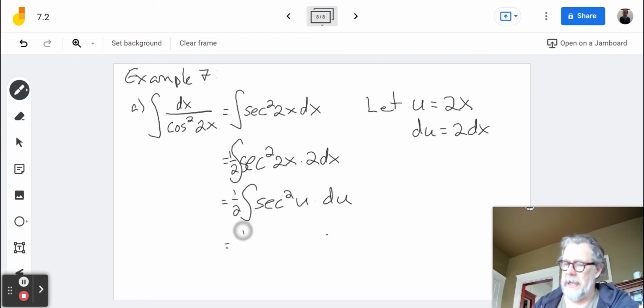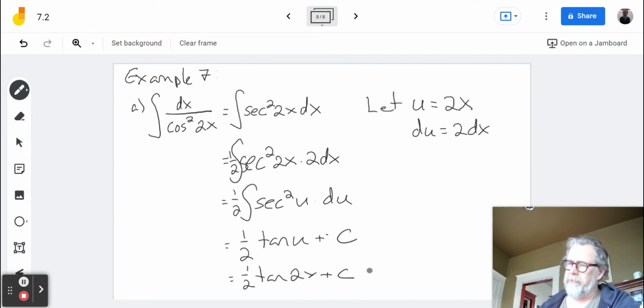Of course, as we said, the antiderivative of secant squared is tangent. So we have tangent of u plus a constant. But u is 2x, so we now write this as 1/2 tangent of 2x plus a constant.